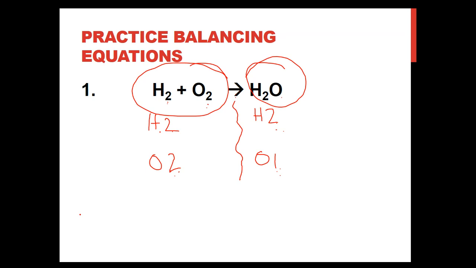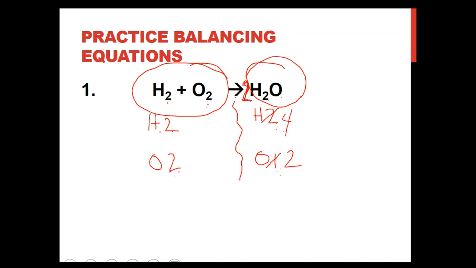The only thing you can do is change or add coefficients. Okay? So if I need more on the right, then I am going to add a coefficient on the right. And the only thing I can add is a 2, all right? Because 2 times an invisible 1 gives me the 2 oxygens that I need. Now it also changes the number of hydrogens I have. Now I have 2 times 2, I have 4 hydrogens.